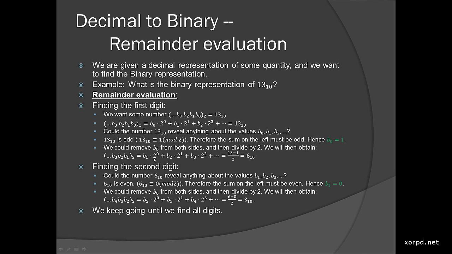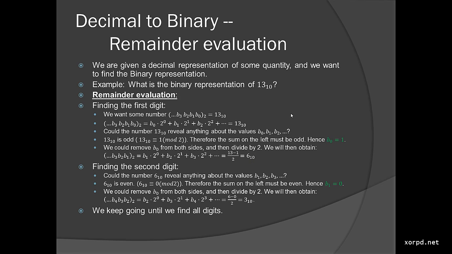The new equation is: B1 times 2 to the 0 plus B2 times 2 to the first, and so on. You can see that we actually divided all the elements by 2, because all the powers are lower by 1. And we get on the other side 13 minus 1 divided by 2, which is 6.